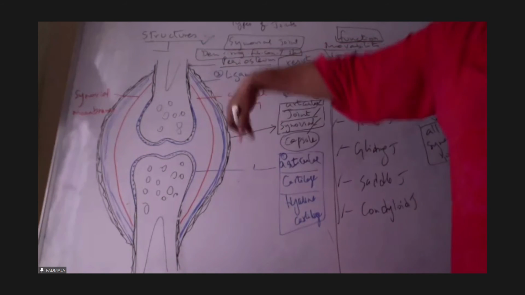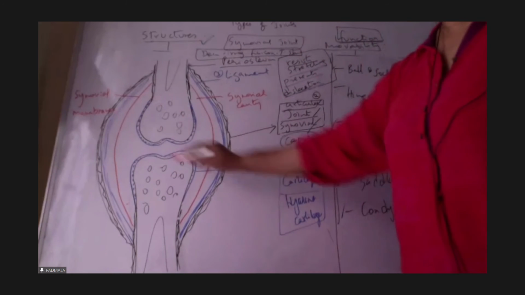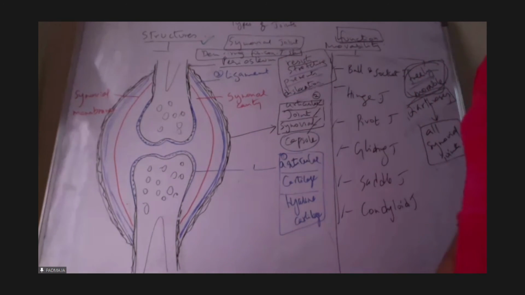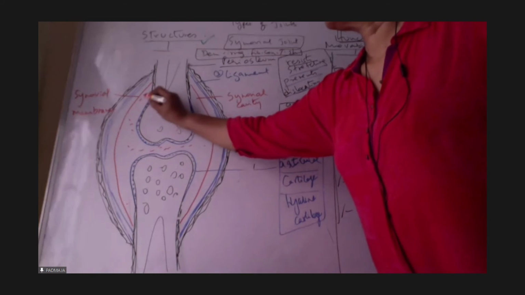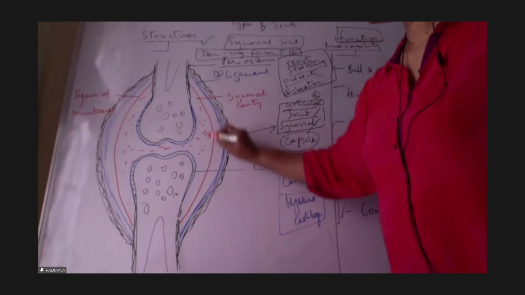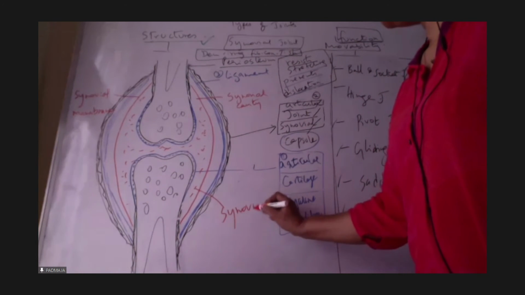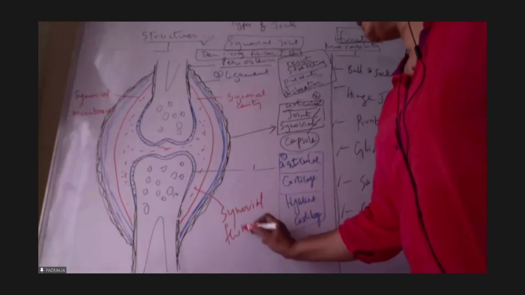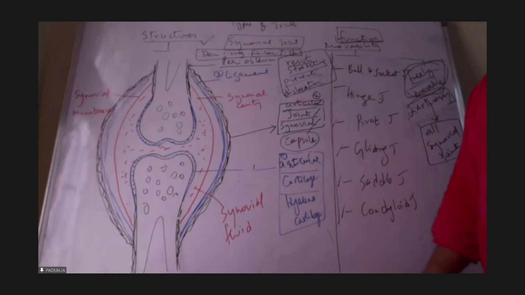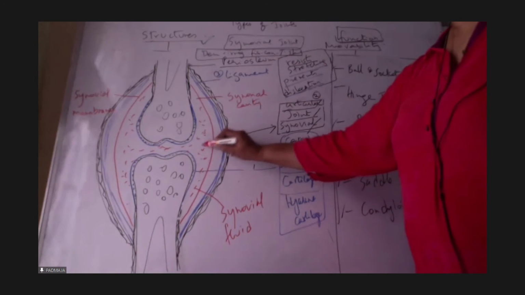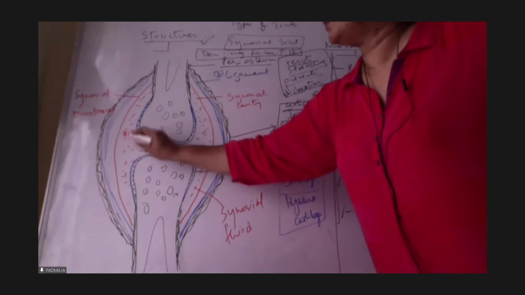So internally the synovial capsule is lined by synovial membrane enclosing a synovial cavity. Yes, ma'am. Filled with synovial fluid, which is secreted by the synovial membrane. And this cavity is filled with synovial fluid, which is secreted by the synovial membrane only.